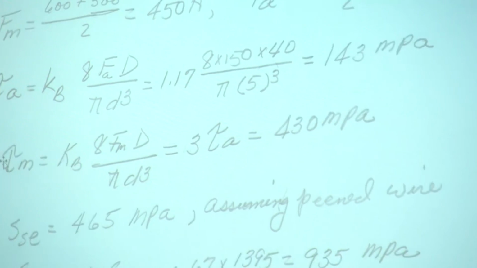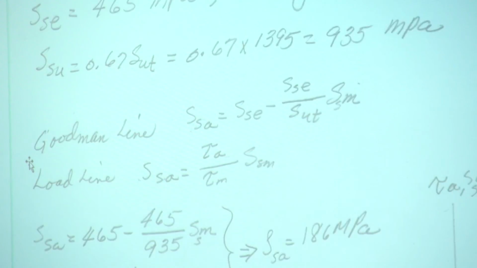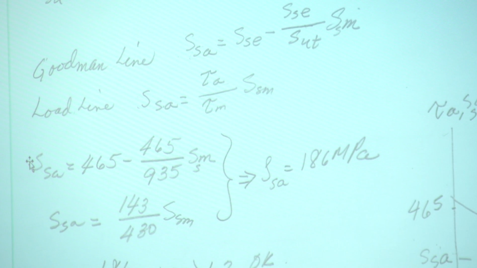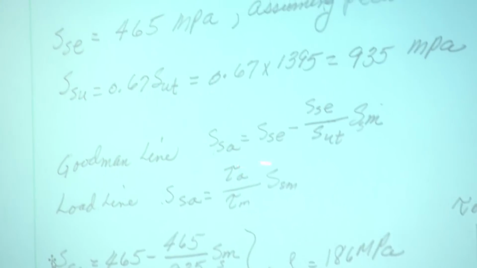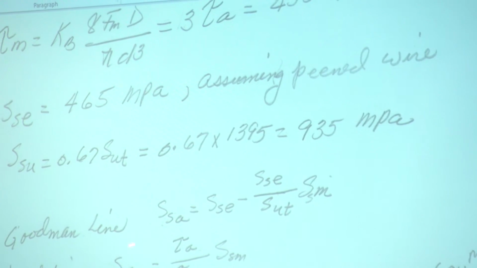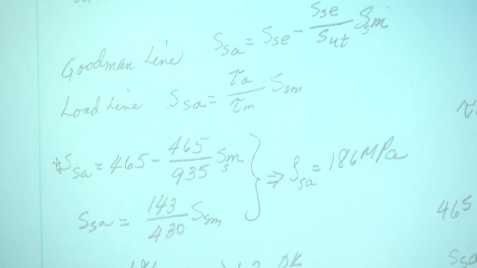SSE is 465 MPa, assuming peened wire. And again, I'm using the approximate values that I gave you here. SSU is 0.67 SUT, 935. Once again, the Goodman line, the equation of the Goodman line, and the equation of the load line. Solve them together, get SSA.